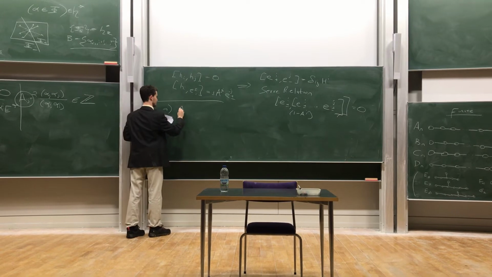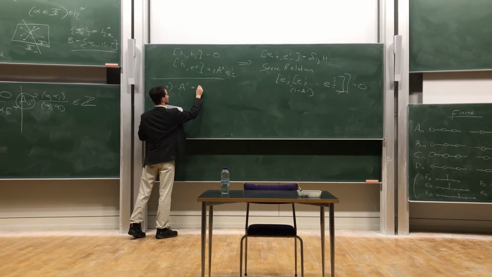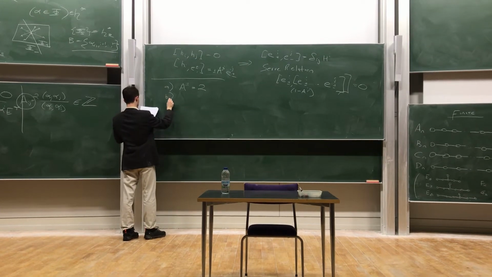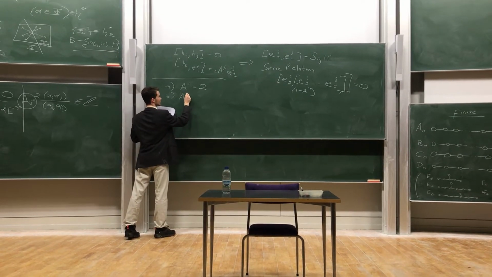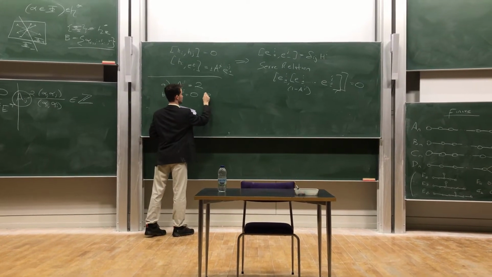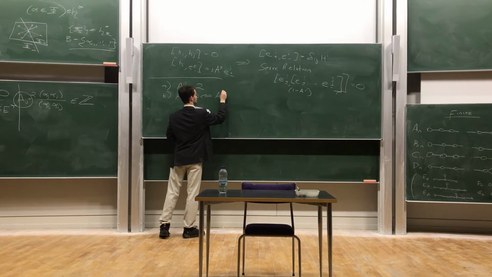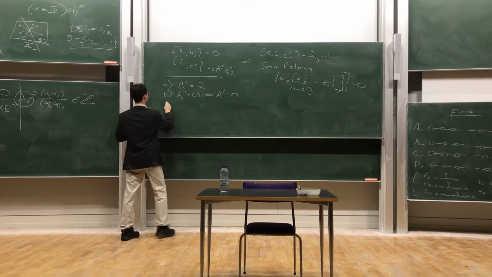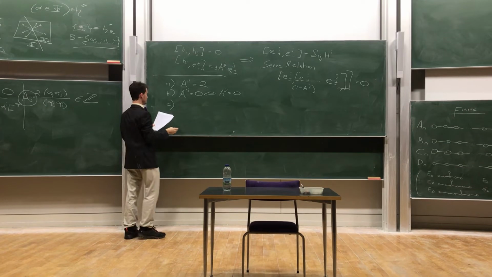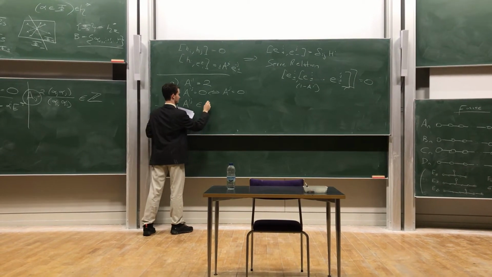So the first is that all the diagonal elements have to be equal to 2. And for the off-diagonal elements, if one is equal to 0, then that implies that the transposed element also has to be equal to 0. And then any remaining off-diagonal elements are negative.